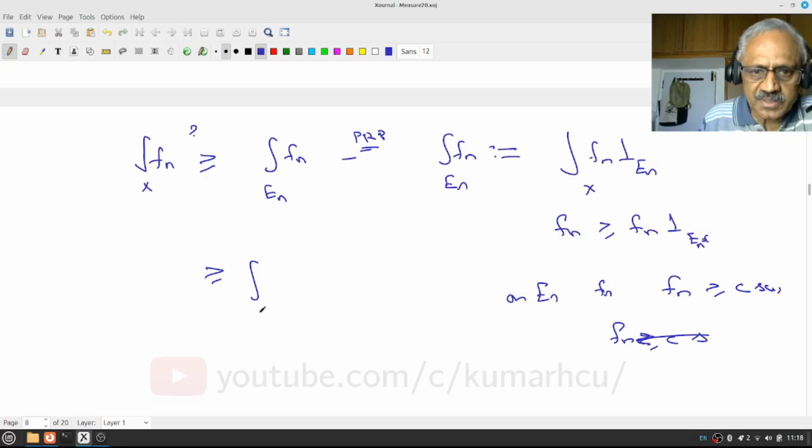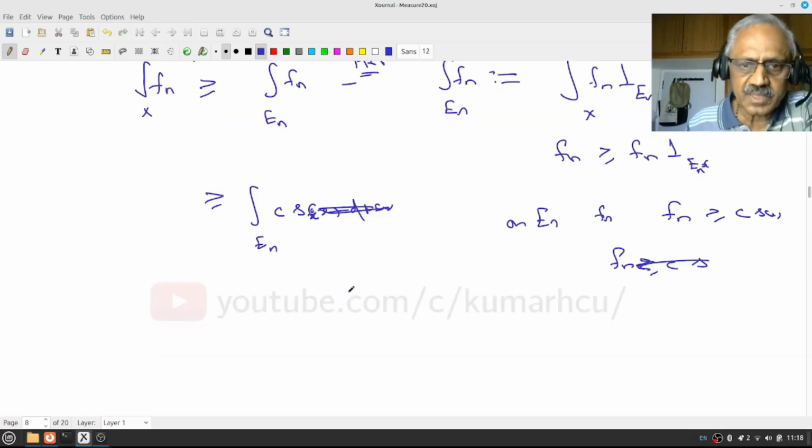Again by monotonicity, this is greater than or equal to the integral of c times s of x d mu x, if you want to write. Is that clear?